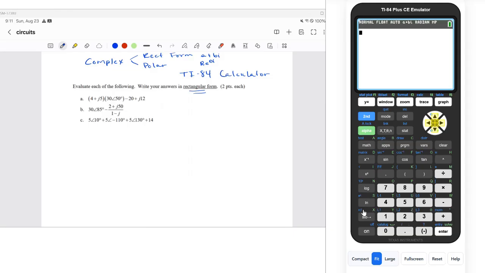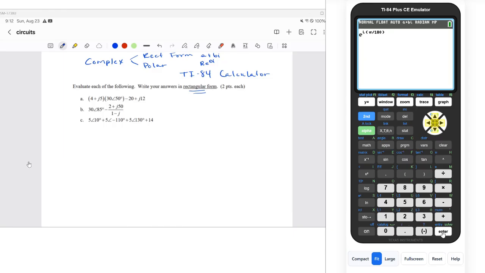So we're going to do e, which is right here, second e raised to, and then I, which is second decimal point, times pi over 180. So that's going to convert to radians for us. On our TI-84, we have to work in radians when we're doing the polar form.